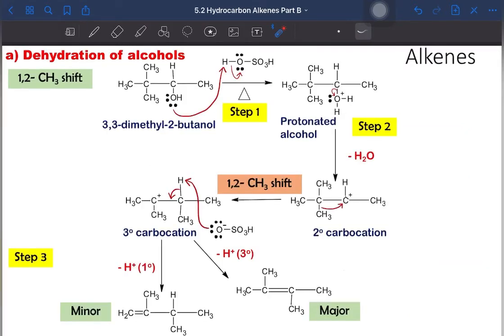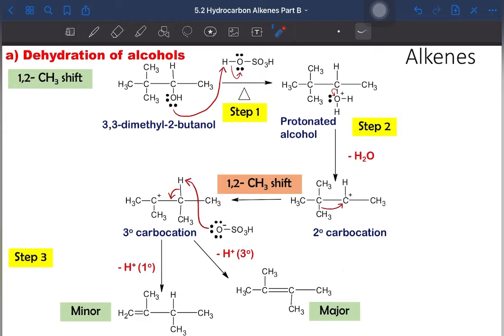Now let's look at the reaction mechanism that involves the rearrangement, where it has a 1-2 methyl shift right before the third step. The first step and the second step are pretty much similar to the previous example.